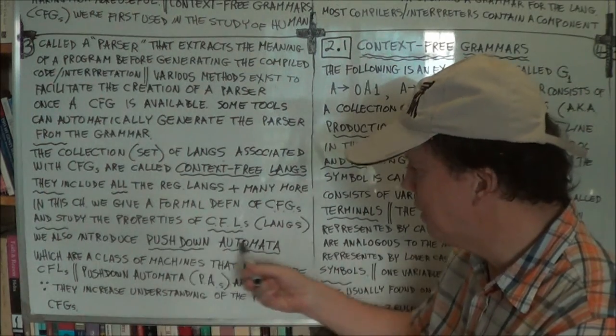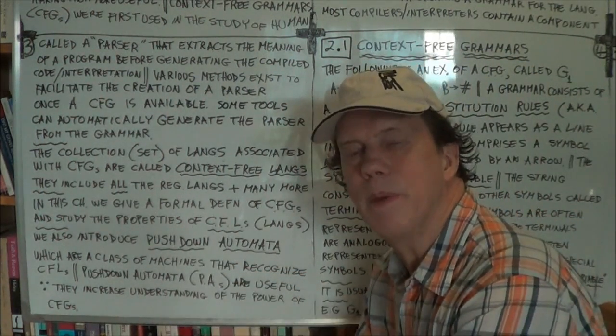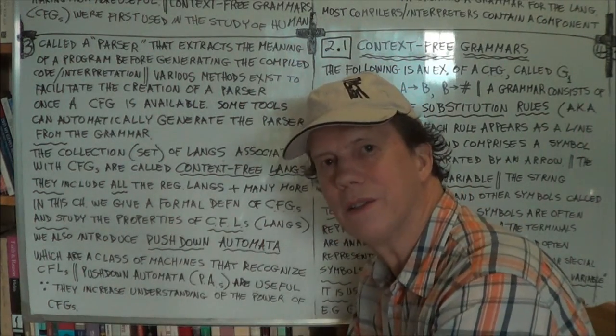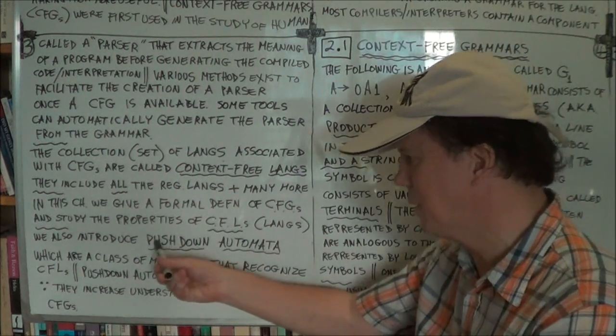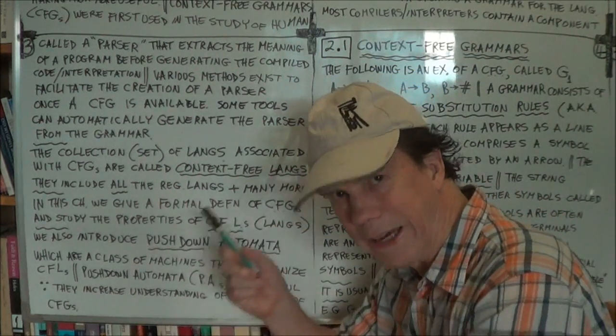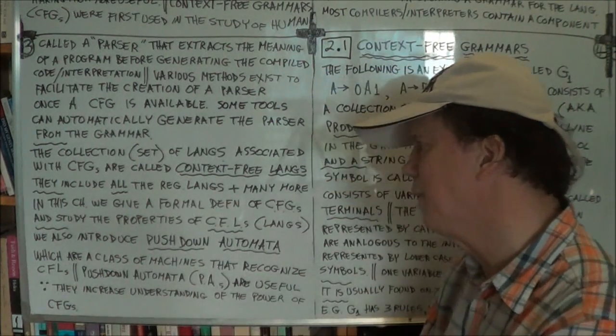Before we were talking about FAs, finite automata. Now we can talk about a PDA, a push-down automaton, an automaton with a stack. And we'll talk about stacks in detail this chapter.